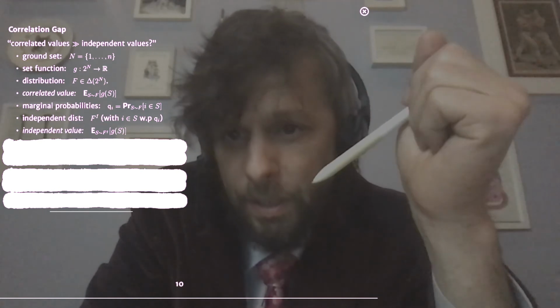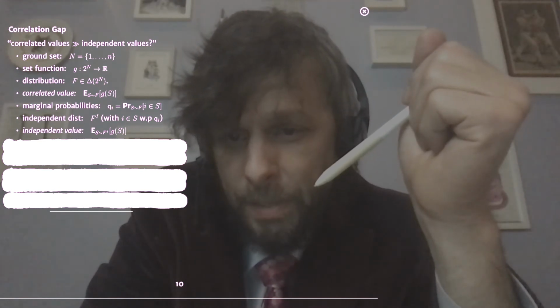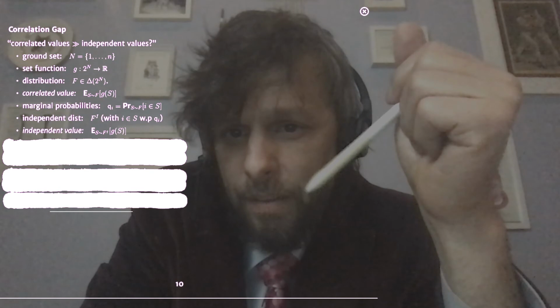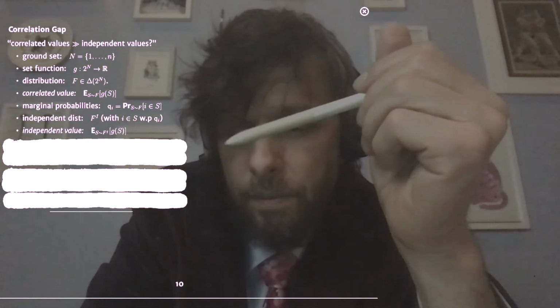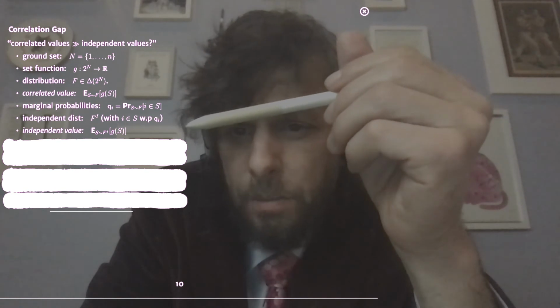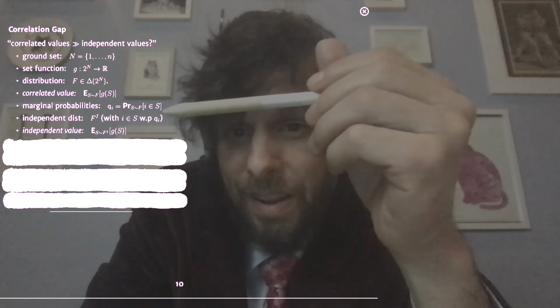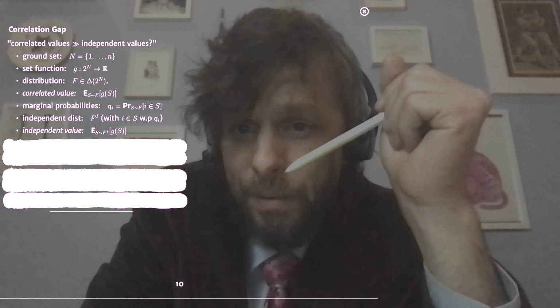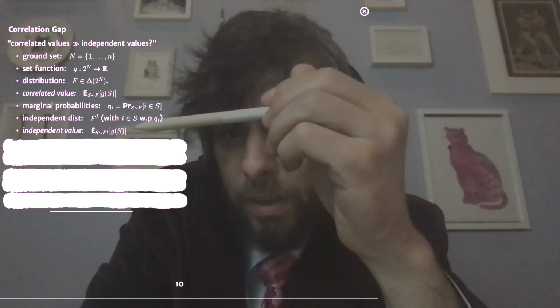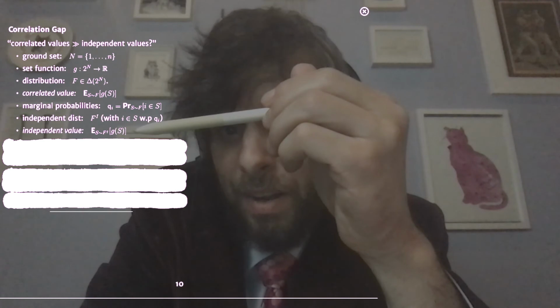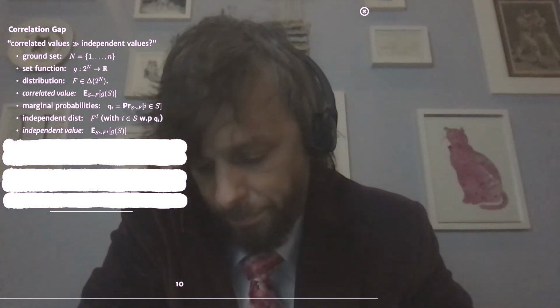Then I'm going to define the independent distribution f^I to be the distribution where i is in S independently with probability q_i. And now I can define the independent value the same way as the correlated value: it's the expectation of the set function over sets drawn from the independent distribution.